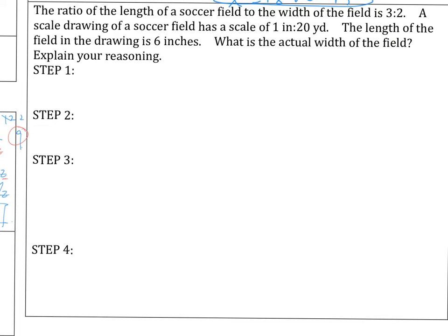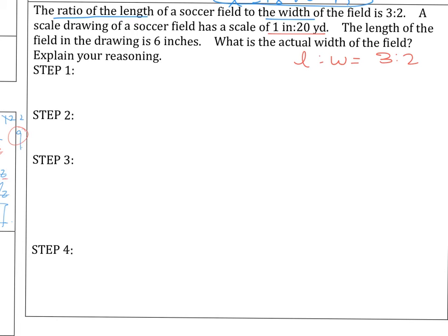The next one. The ratio of the length of a soccer field to the width of the field is 3 to 2. So I'm going to write that down to the side. A scale drawing of a soccer field has a scale of 1 inch to 20 yards.